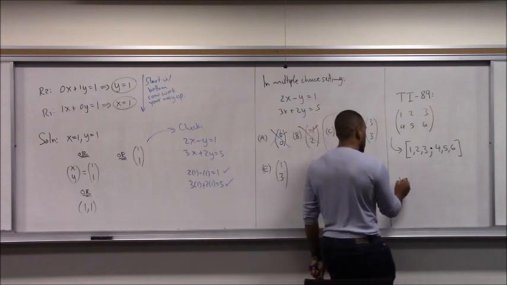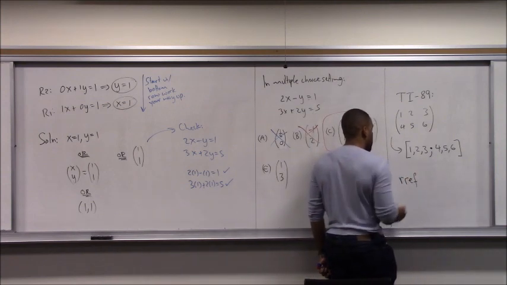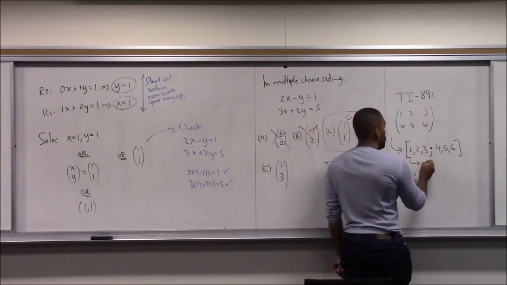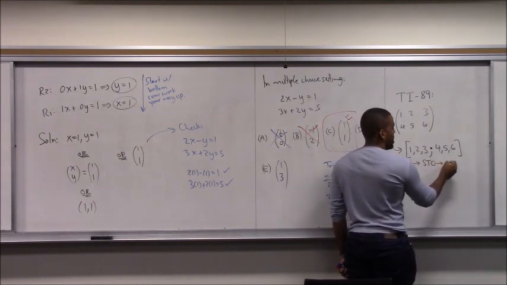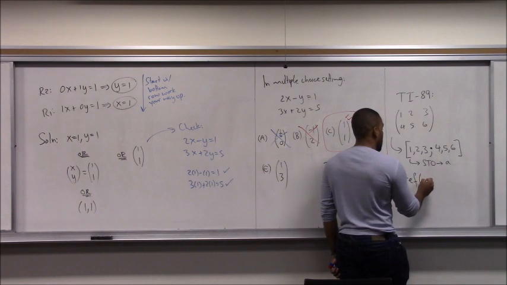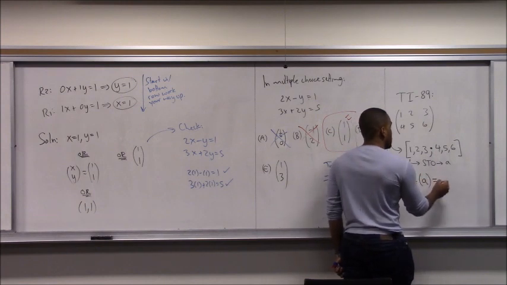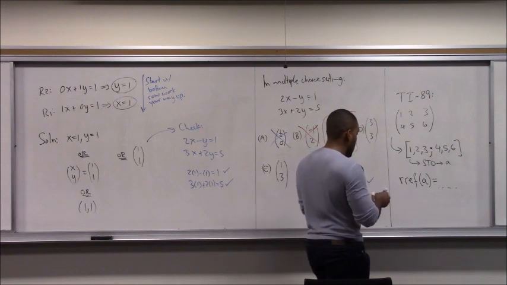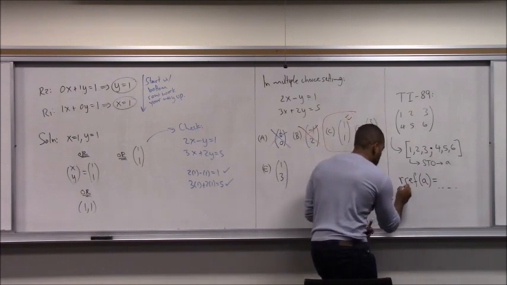There's actually a function called RREF. You can type this matrix, use the store command to store it in a letter, and then say RREF of that letter, and it will show the result. You can either find this in the catalog, or you can type it out manually.